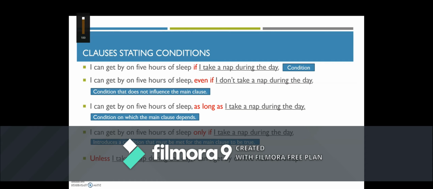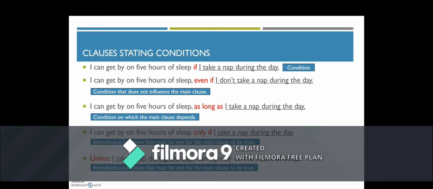And last but not least, unless I take a nap during the day, I can't get by on 5 hours of sleep. So if I don't take a nap during that day, it won't be possible for me to handle myself well during the day if I slept only 5 hours last night. It basically introduces a condition that must be met for the main clause to be true.